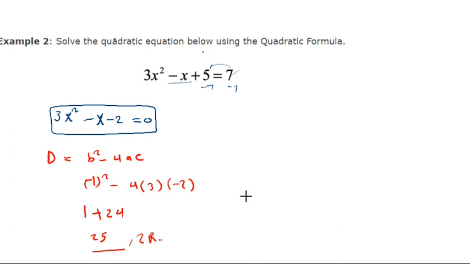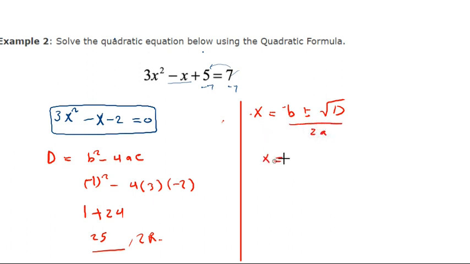Let's find out the two real roots. Once we find the discriminant, it's very easy to find the roots using the formula, because we did half of the work. So just apply the formula: x equals minus b plus or minus the square root of the discriminant that we have found previously, over 2a.